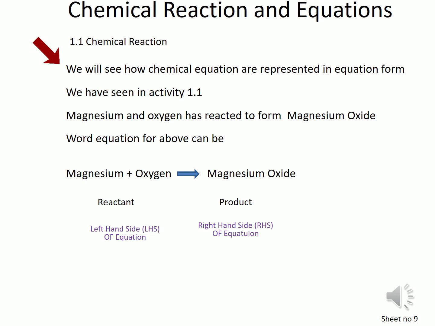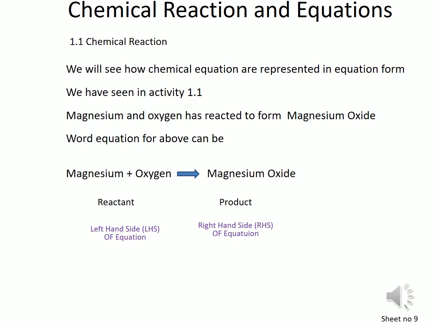Now we will see how chemical reactions are presented in equation form. Now let us see activity 1.1. Magnesium and oxygen have reacted to form magnesium oxide. This oxygen is from air and the magnesium ribbon we have burned.